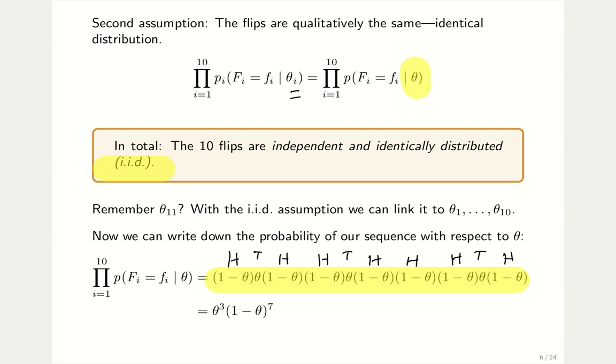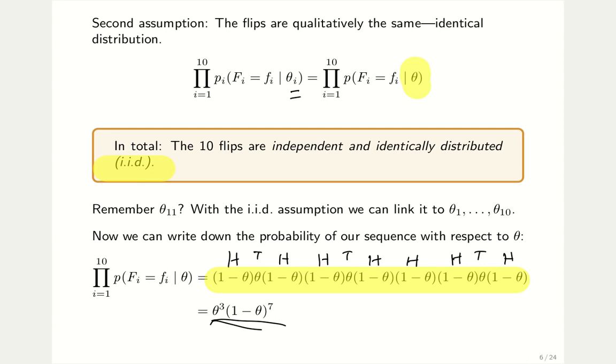And now we can just use basic algebra, and our likelihood simplifies to this very simple, very short term: theta to the power of 3, which is the number of tails that we observed, times 1 minus theta to the power of 7.